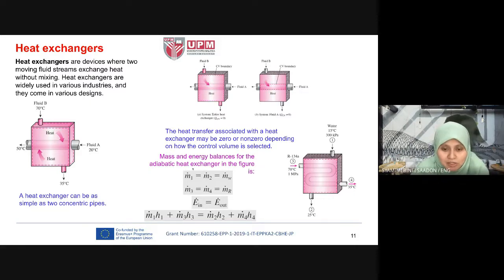So that's why there is no heat input Q in or Q out. We consider it an adiabatic heat exchanger. If the heat exchanger is not adiabatic, then there must be some sort of Q in or Q out, meaning the control volume exchanges heat with the surroundings.